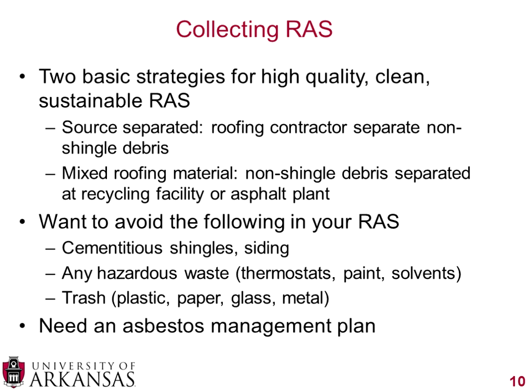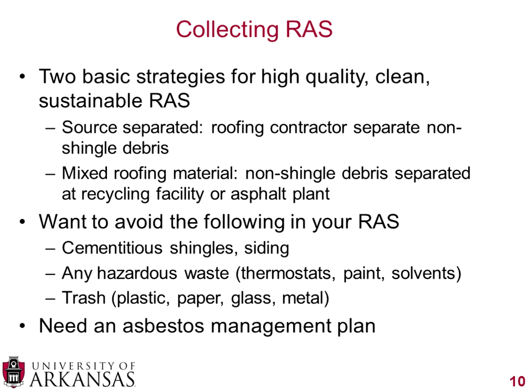If these get mixed in with your RAS, these can create problems with the plant and potentially in the field. And then you want to eliminate any sort of trash, and that includes any plastics, paper, glass, or metal. On construction sites there are always a lot of things going on, and sometimes some contaminants get into the RAS, and you want to minimize that as much as possible.